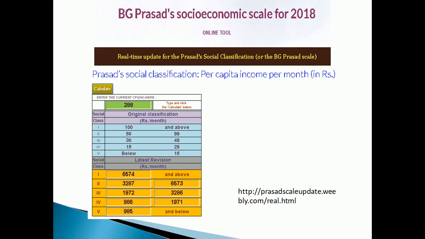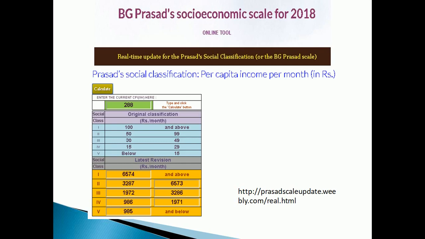Just calculate the CPI value, that is the consumer price index value, then put that value in and you will get the latest income. You can see here 6,574 and above: if per capita income is this, then the class is social class 1, the highest class. Then class 2 is like this.